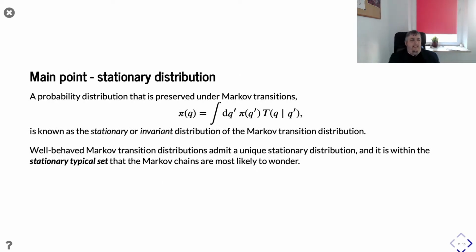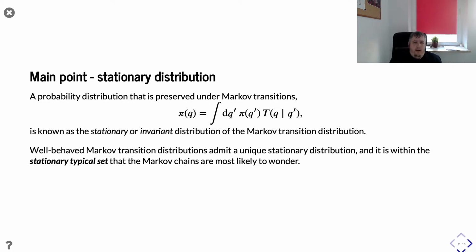And so what? Why are we interested in that? We are interested because, as long as certain assumptions are fulfilled, the Markov chain can have something called a stationary or invariant distribution.